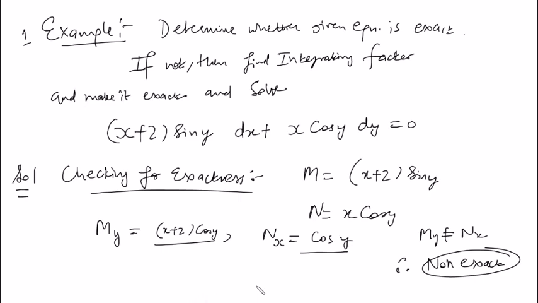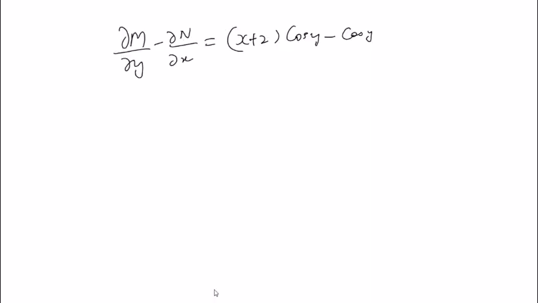So where is n? N is cos y here. So because I can see a cos y as common. So this is basically this.